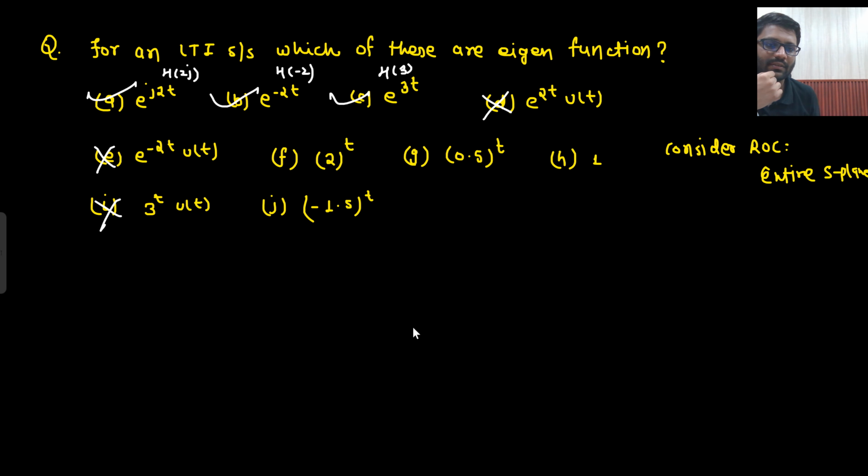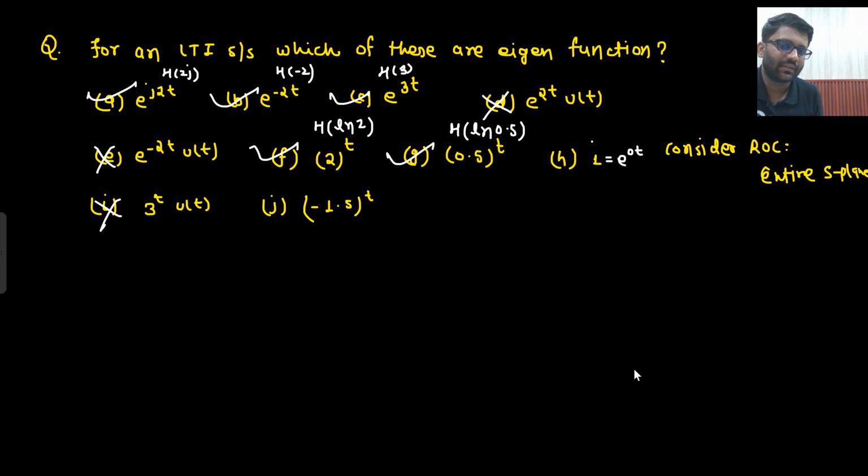2 to the power t can be written as e to the power ln 2 t. So H of ln 2. Yes, this can be written as H of ln 0.5, or H of minus ln 2. 1 is also an eigenfunction. Why is that so? Because 1 can be written as e to the power 0t.